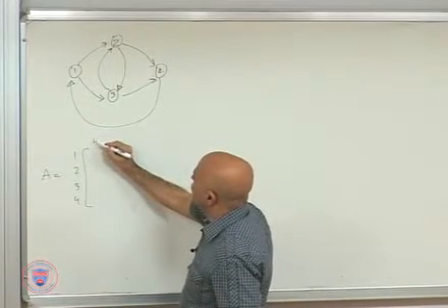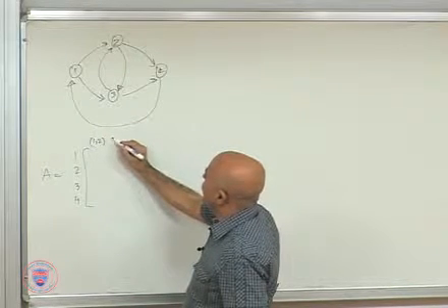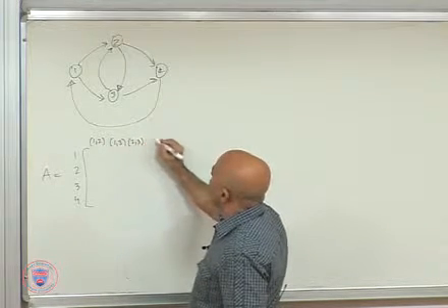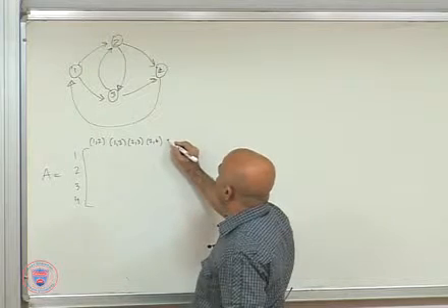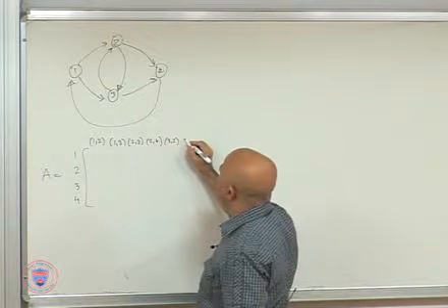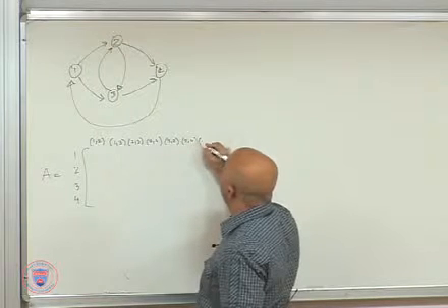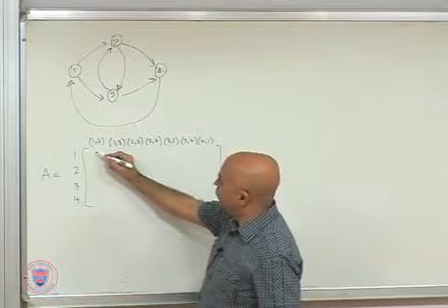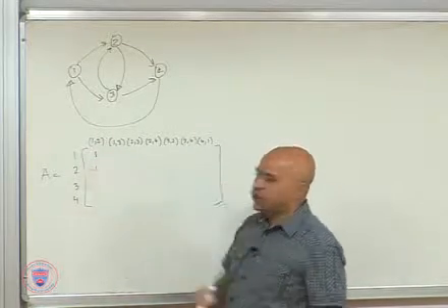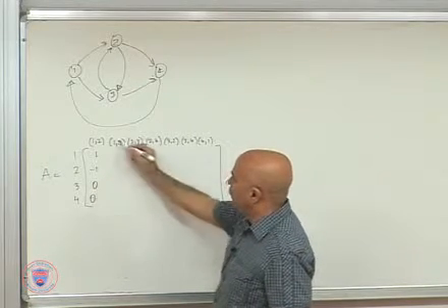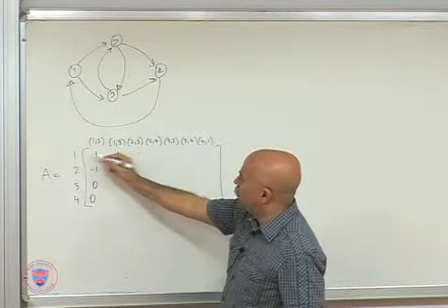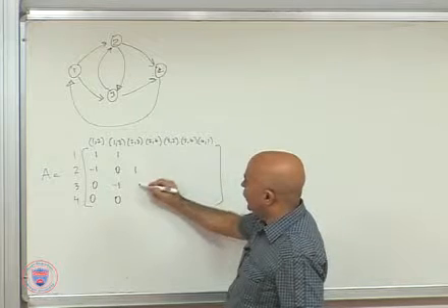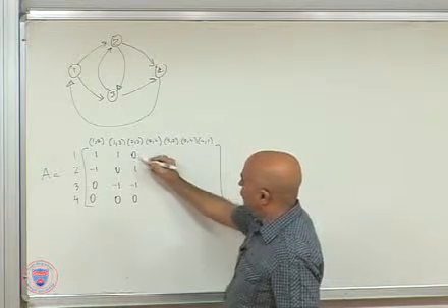And then it's going to have columns associated with the arcs: 1,2; 1,3; 2,3; 2,4; 3,2; 3,4; and 4,1. So in the first column, we have a +1 and a -1 in positions 1 and 2. Zeros elsewhere. For the second one, we have 1 for row 1, a -1 for row 3, zeros elsewhere, etc. You can see the pattern here.